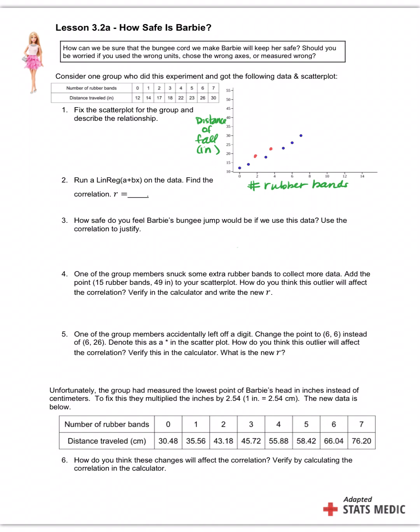Now, if you were writing your sentence to describe this, what would you say? Association. You can say relationship instead of association. Between number of rubber bands and the distance fallen is what? Positive.